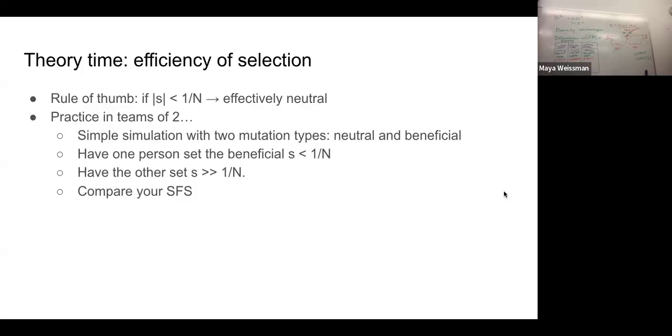But if we instead said that S is equal to 0.5, we would get an expected number of individuals of 1.5, which is close enough to 2 that it's meaningfully different. I hope that makes sense.